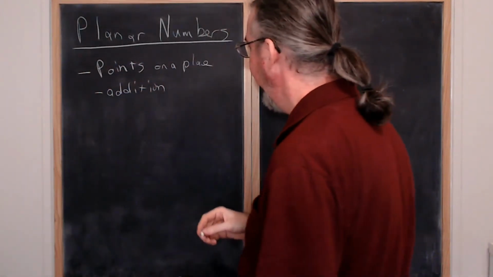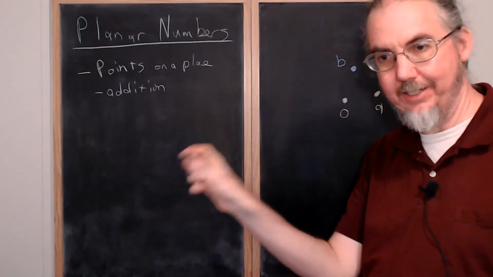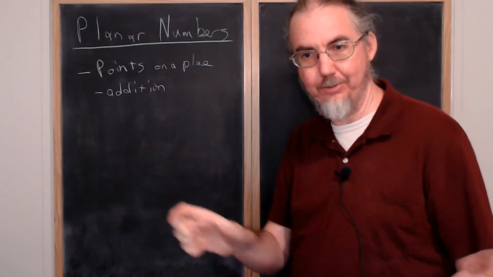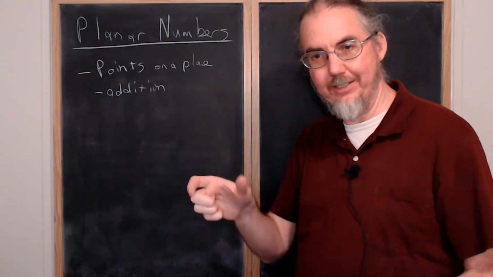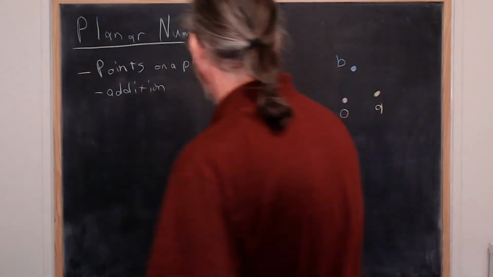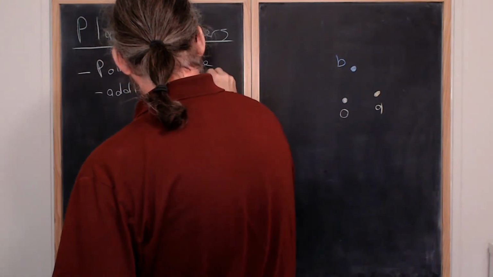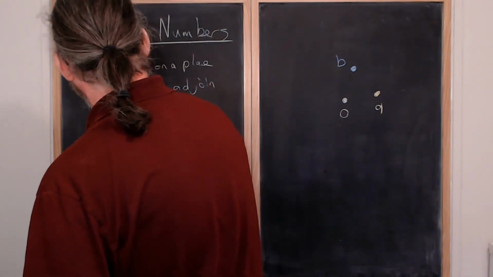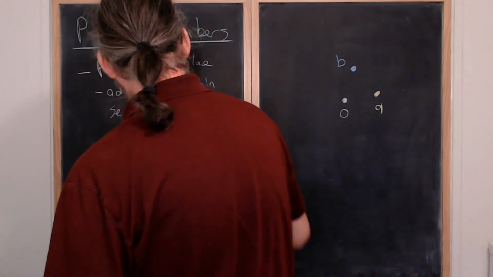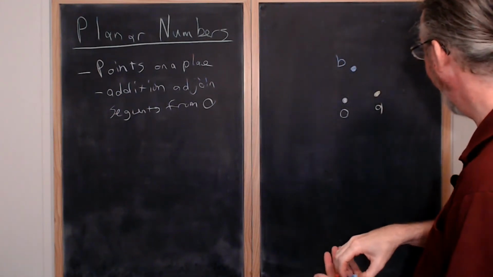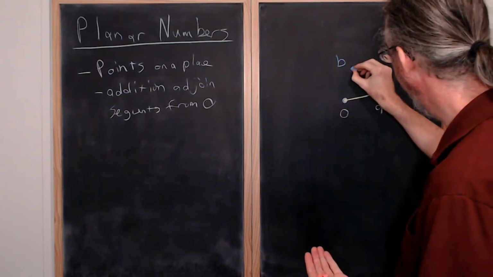And then for addition, we just draw the segments, just like we did before, where we took the line segments and put them next to each other for adding on the number line. We're going to do the same thing, except we're going to take into account their direction. So we just adjoin the segments from 0. So for example, for A, we draw the segment from A to 0 and the segment from B to 0.